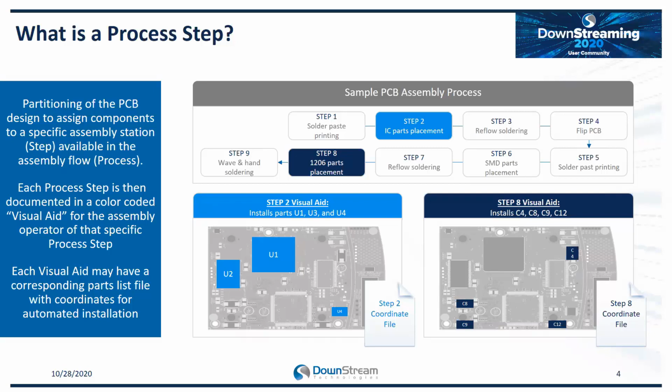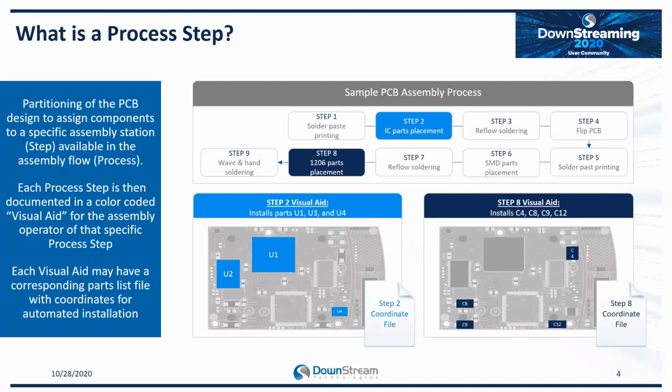But what I'm really after is the ability to extract the information for the automated equipment to drive that particular step in the process. In this slide, we show a sample assembly process where step one is we do our solder paste, we put our top side SMD parts on, we reflow, we have to flip the PCB because we've got bottom side SMD.